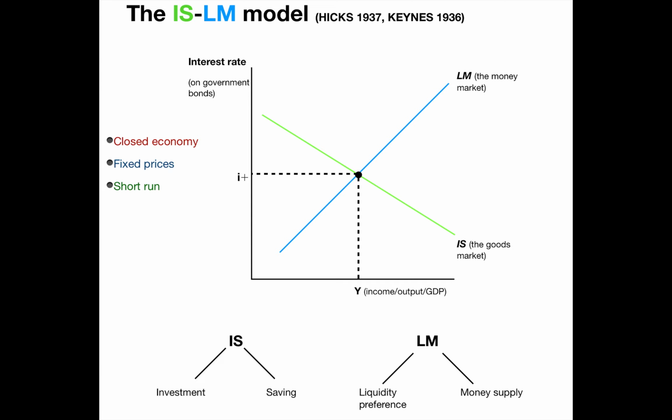On the horizontal axis, we have Y. It can be referred to as income or output or GDP. So whenever you hear income or output, it's this axis, the horizontal axis.